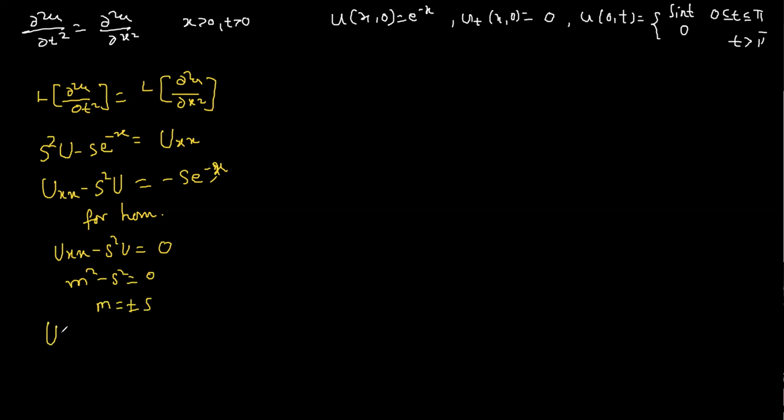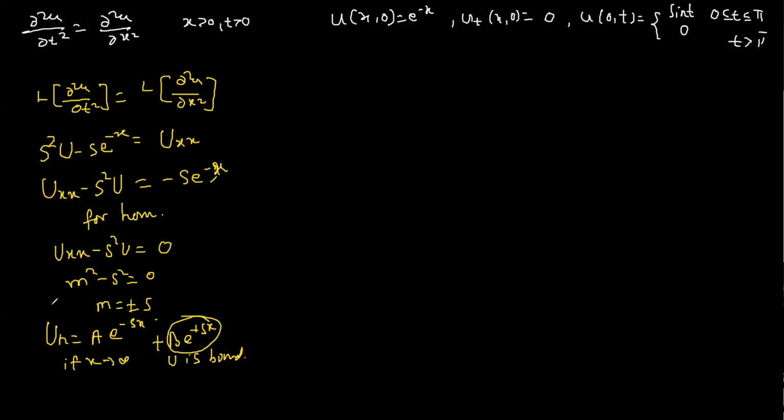So homogeneous equation will be a e raised to minus x. Okay. If x tends to infinity, ux is bounded, right? Bounded means this part becomes 0. Which part?